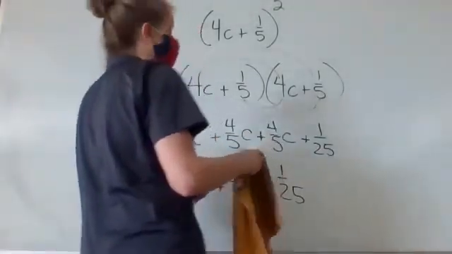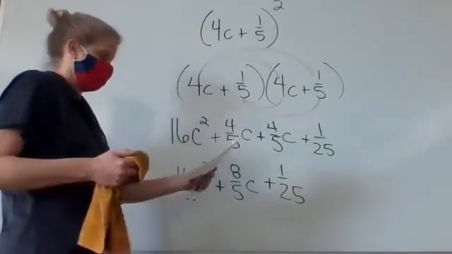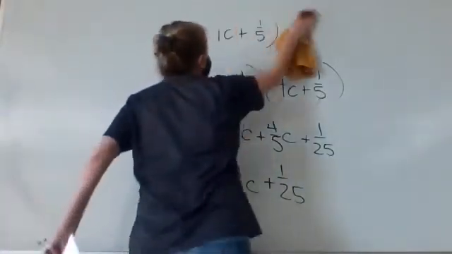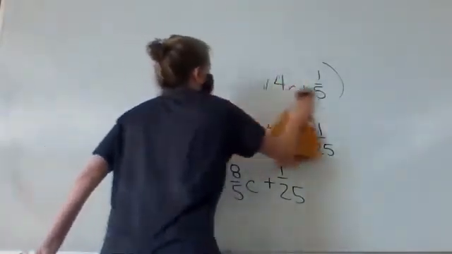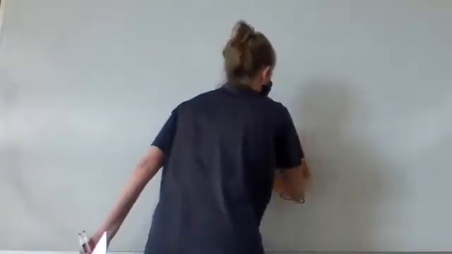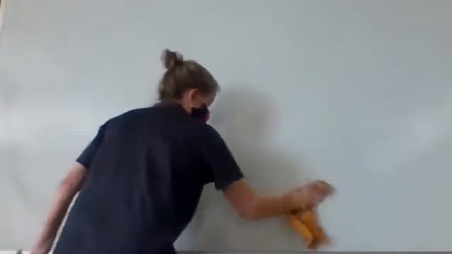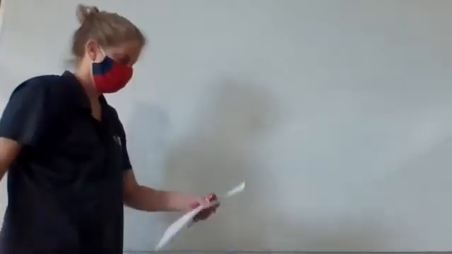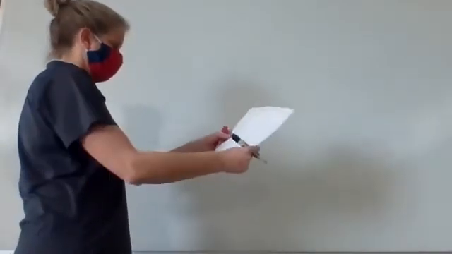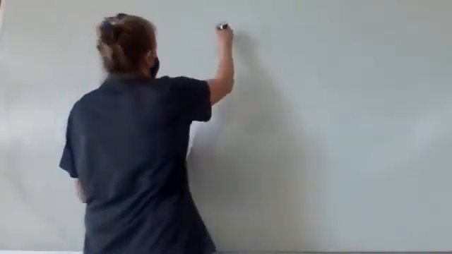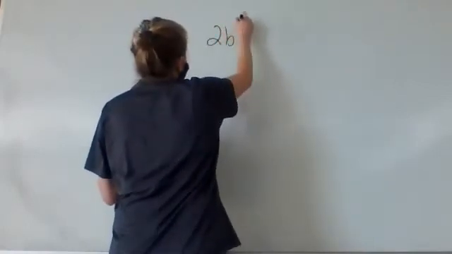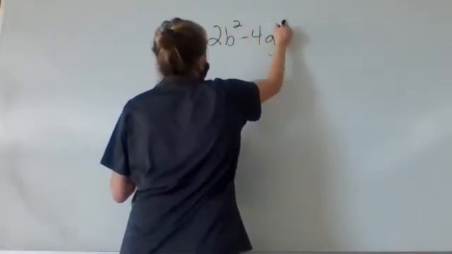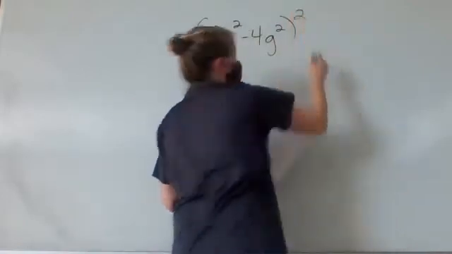All right, number 5. 2b squared minus 4g squared, squared.